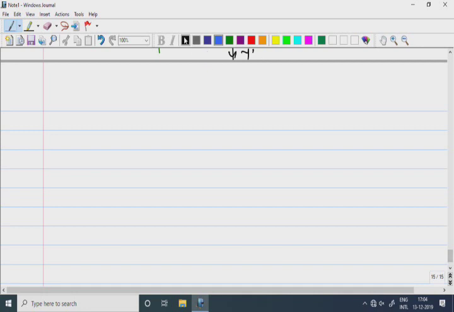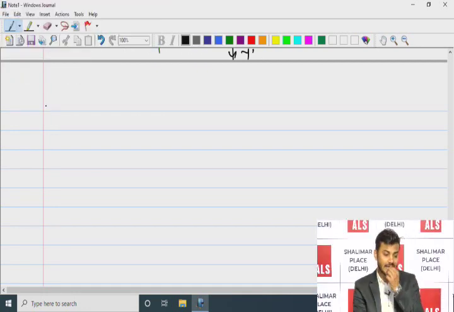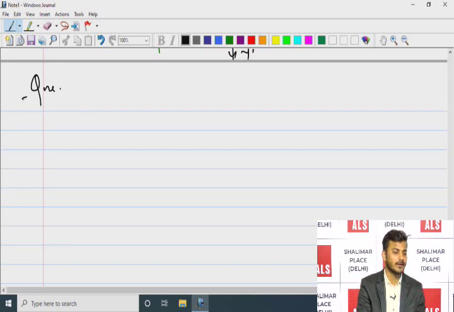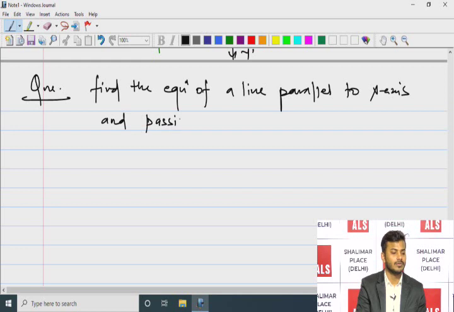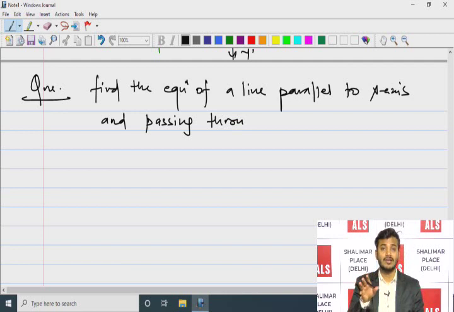The question is, let's do some questions on these lines parallel to the x-axis or y-axis. Okay, the question is, find the equation of a line parallel to the x-axis and passing through... See, if the line is parallel to the x-axis or perpendicular to the x-axis, parallel or perpendicular, either way, if the line's orientation is already provided, you are not supposed to change the slope.